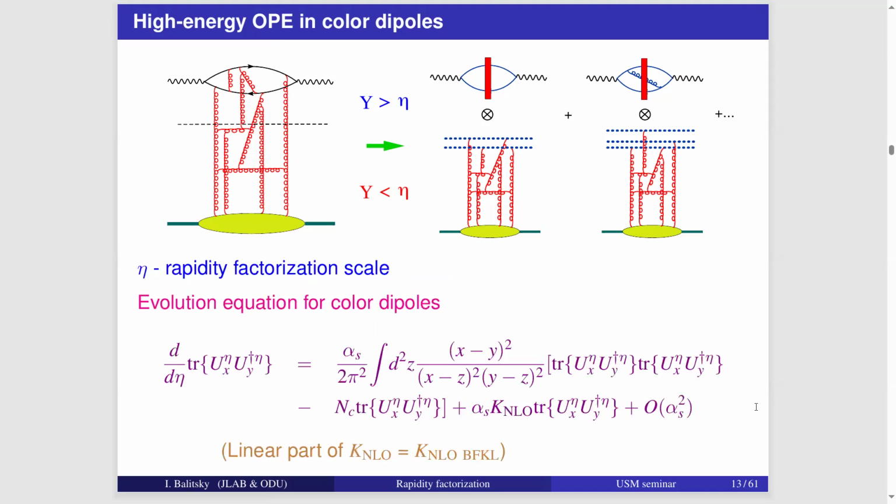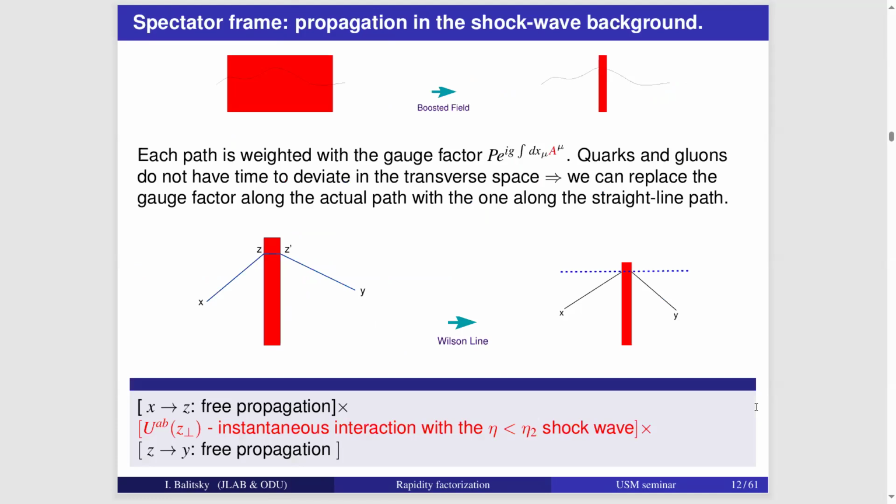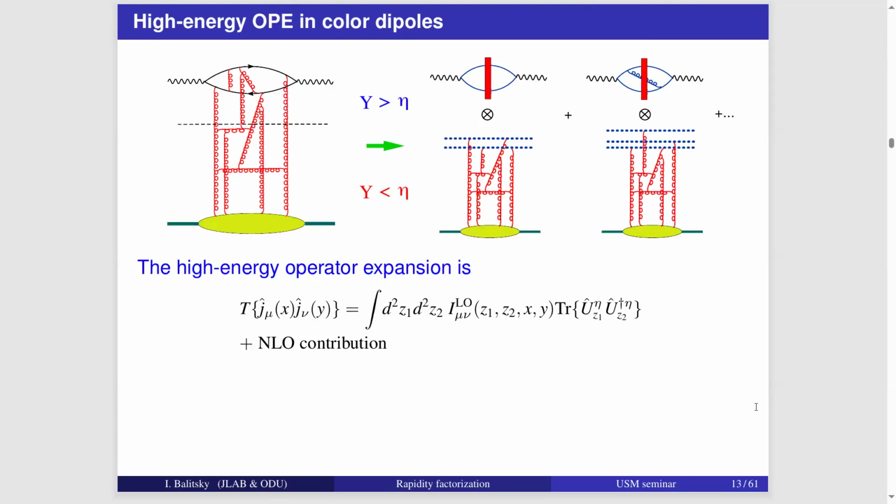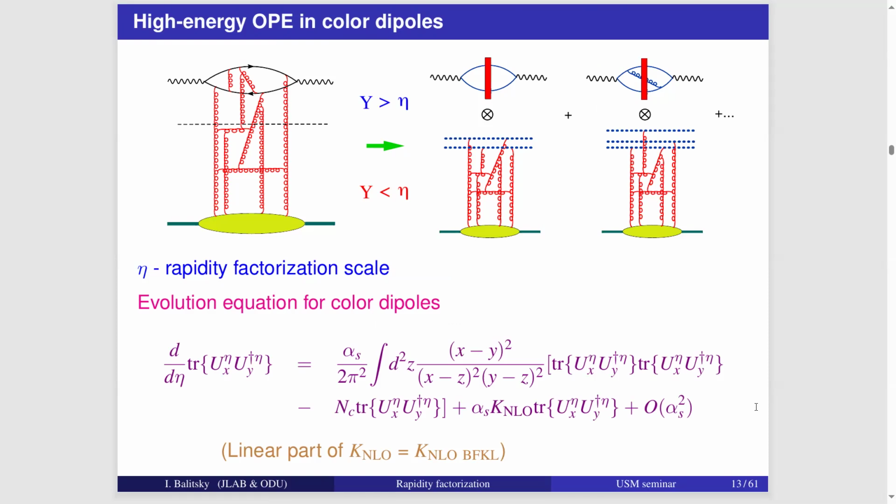So the next step: how do I know the energy dependence? The energy dependence is governed by the dependence of this two-Wilson-line operator, called the dipole, on the rapidity cutoff.